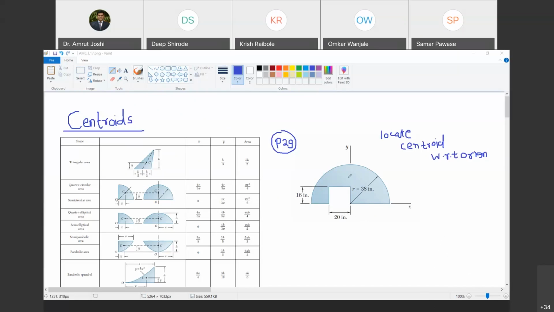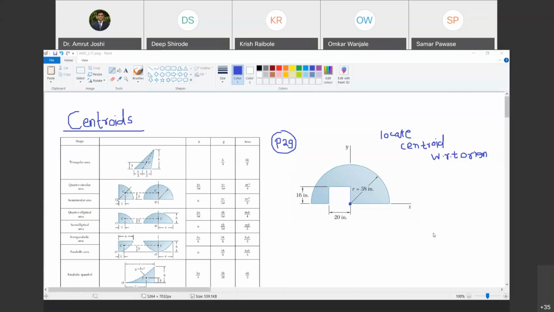So at the intersection of x and y, there is the origin. So we have to locate this centroid with reference to this origin and with reference to the given coordinate system, the Cartesian coordinate system. Is it okay? Sure.